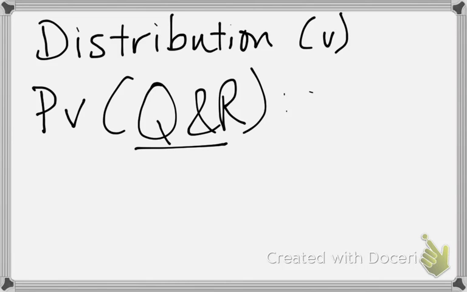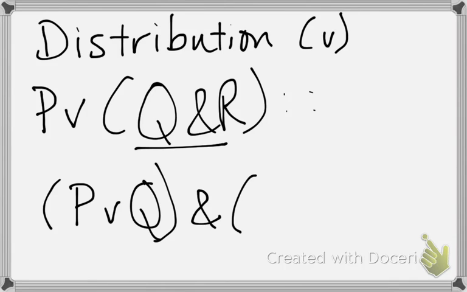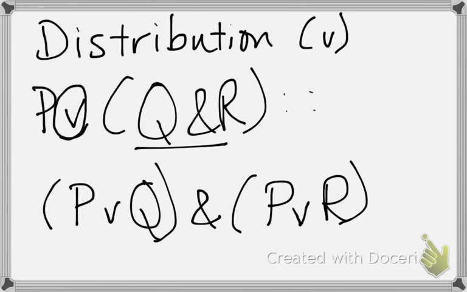And that is going to be equivalent to an and statement whose two conjuncts are P or Q and P or R. So it goes from being a statement that is overall a disjunction, but one of the disjuncts is a conjunction, to a statement that is overall a conjunction and has two disjunctions as its conjuncts. I know that sounds confusing, but hopefully you were following that. And likewise, they have to be in the right order.